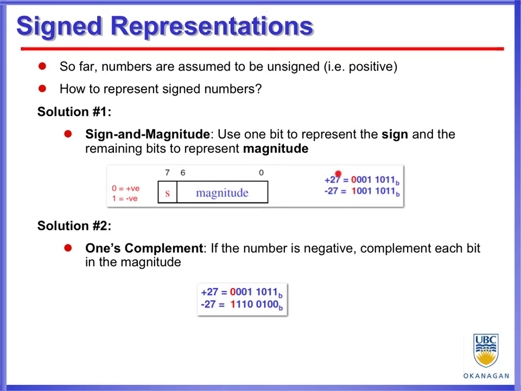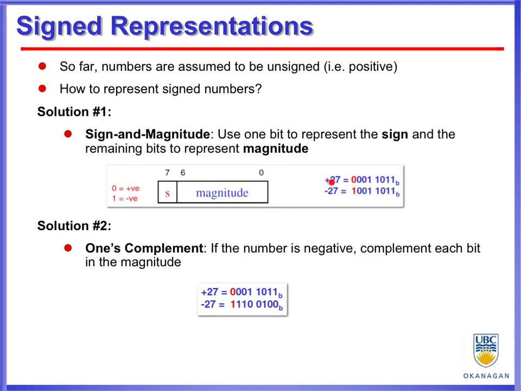So for instance, if we're trying to represent the decimal number positive 27 in binary, okay, well then the digits here in blue would be the magnitude 27. So 1 plus 2 plus 8 plus 16 would give you 27. And then this most significant bit here would be the sign bit.